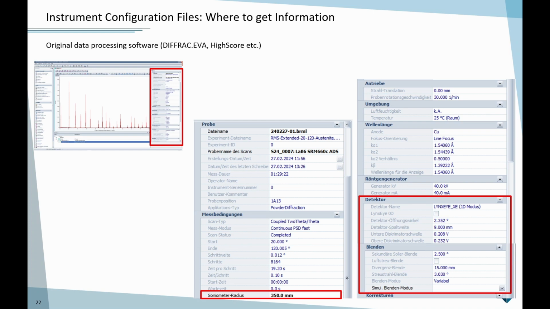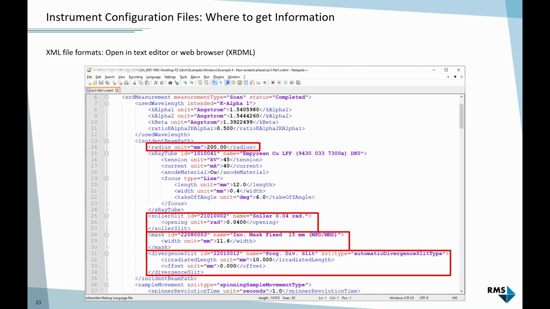And we can read them. It's usually a lot of garbage information we don't need, but we may also find the information we need. For example, Panalytical uses the format XRDML. And if we open this in a text editor, here in Notepad++, it's kind of human readable.